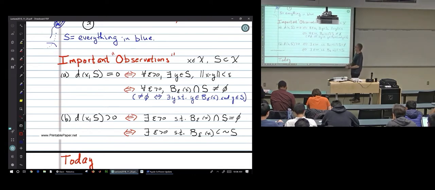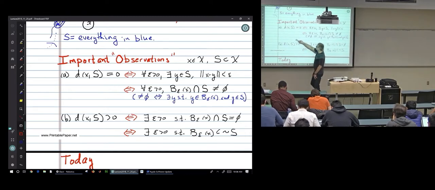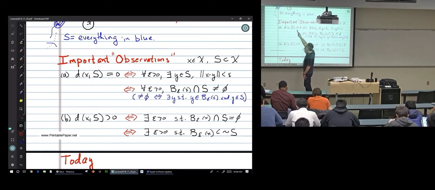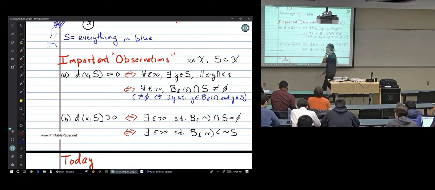Those two things are equivalent. And so the opposite of the distance being 0 is the distance being positive, and that's simply because it's impossible for the distance to be negative. So the complement or the negation of this statement is strictly greater than 0.